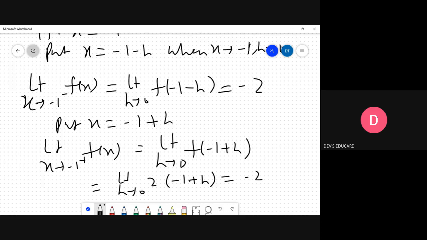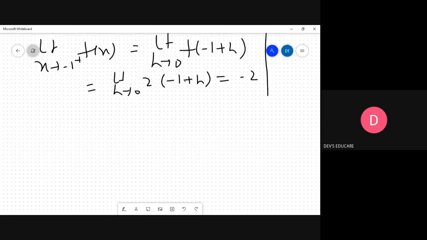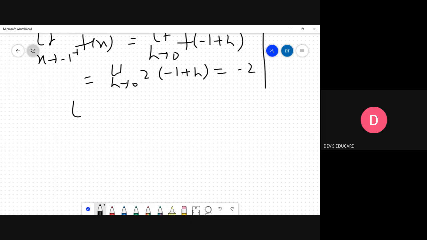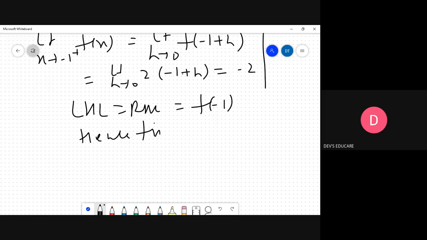We see that LHL equals RHL, so the function is continuous at minus 1. LHL equals RHL equals f(minus 1). Hence f(x) is continuous at x equals minus 1.